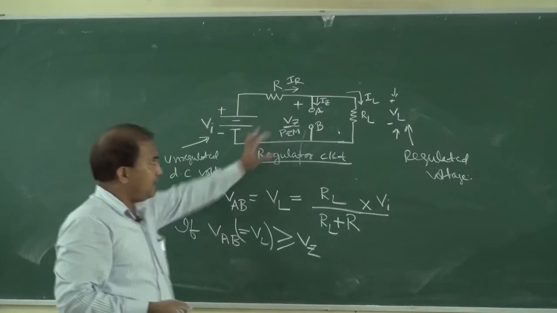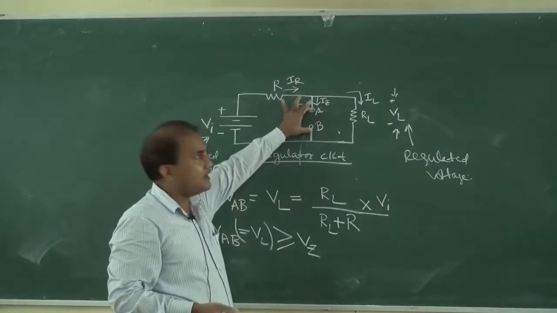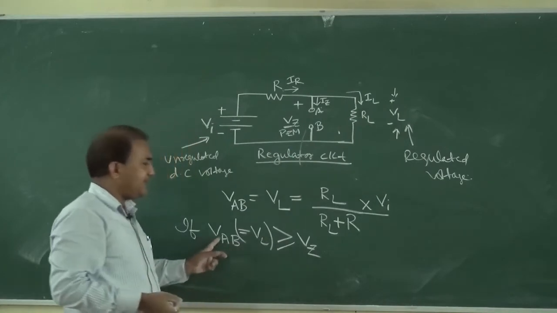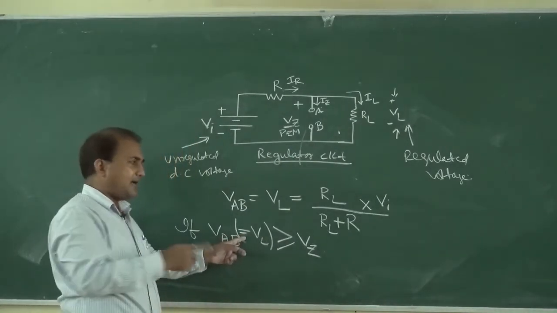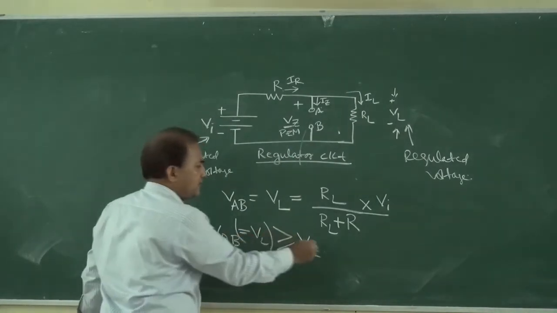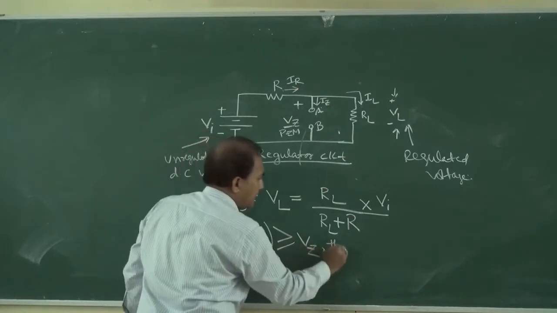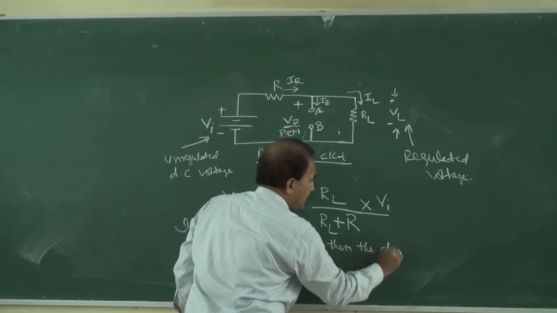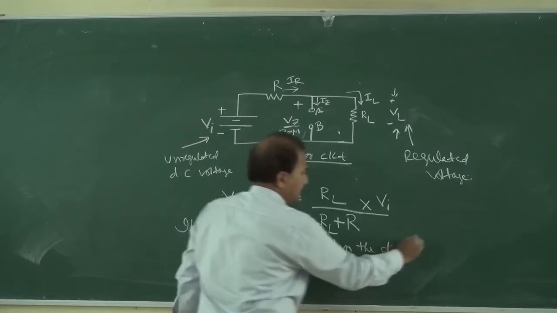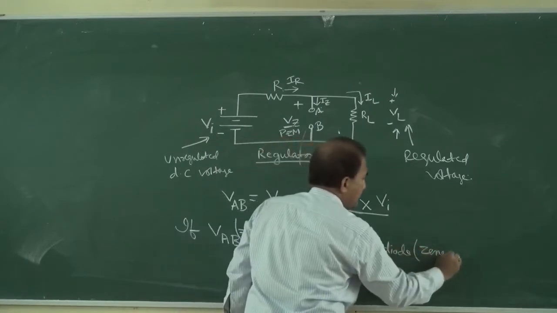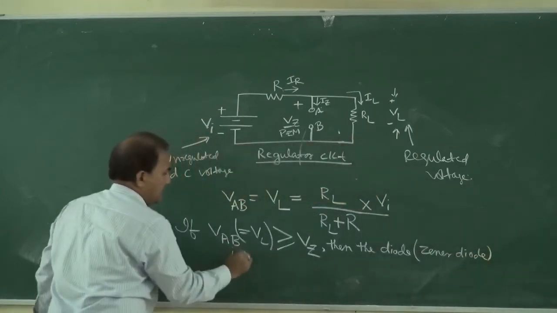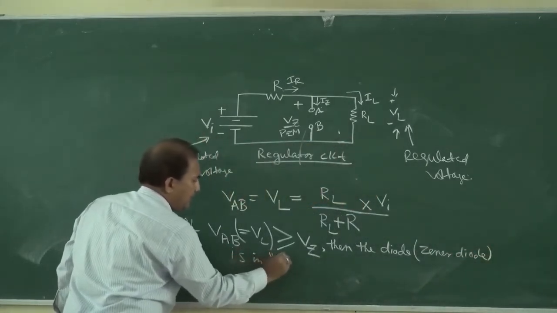So if VAB is equal to VL, and if it is greater than or equal to VZ, then we can say that the diode, that is the Zener diode, is in on condition.